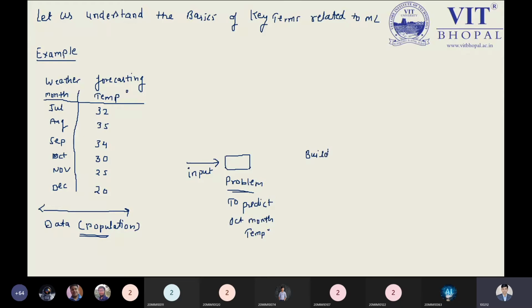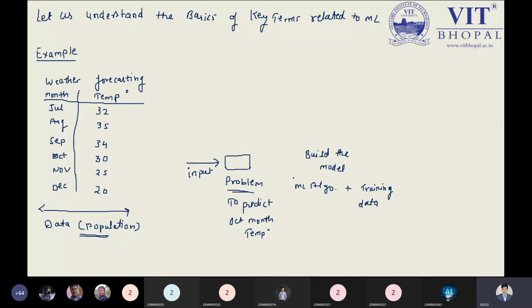We will build the model by using two parts. One is the name of the machine learning algorithm, plus training data.